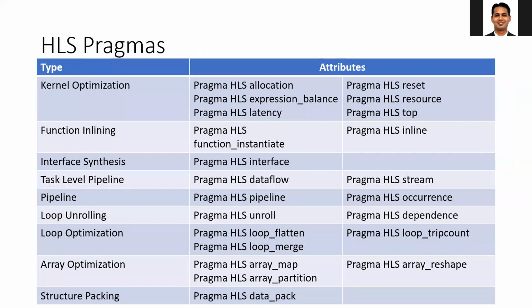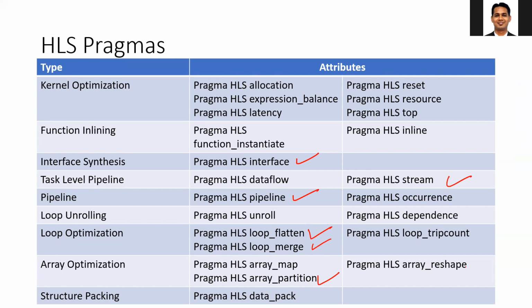Similar to this one, there are additional pragmas. In our case, we have seen the HLS pipeline pragma, the HLS interface, and HLS stream pragmas. Then we have also seen the array partition just recently, and the loop flatten in the previous case. Similar to loop flatten, there is a merge pragma also.